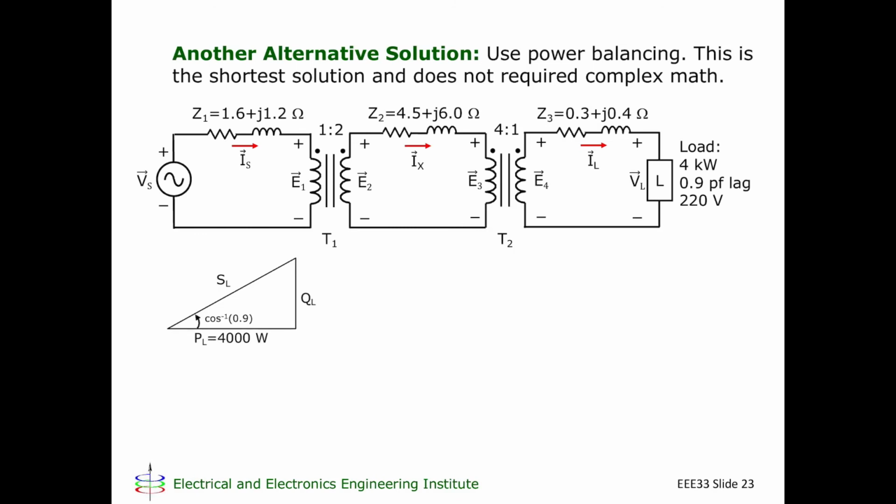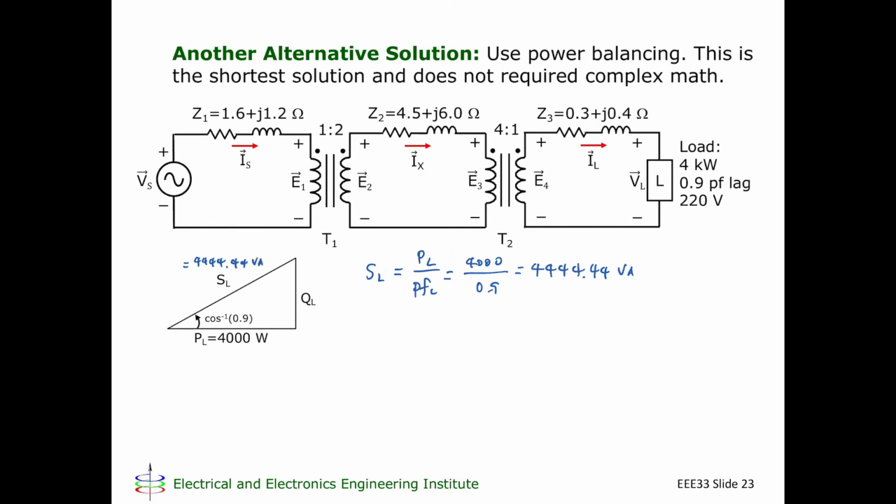I can compute for SL. This is PL over the power factor of the load. So this is 4,000 over 0.9. I'm going to get 4444.44 volt amperes. So this is 4444.44 VA.